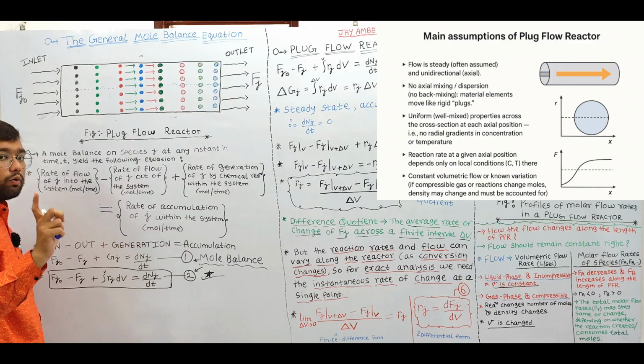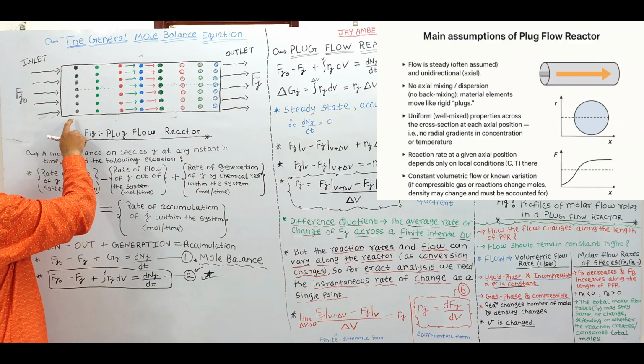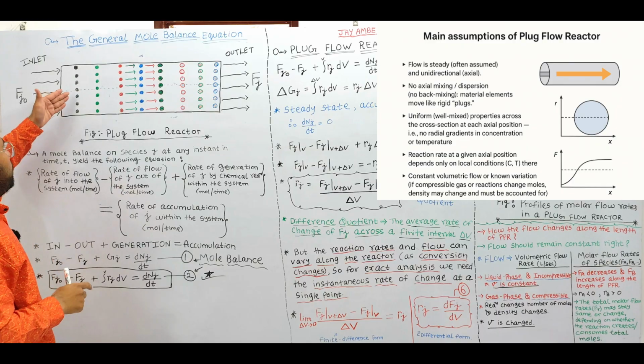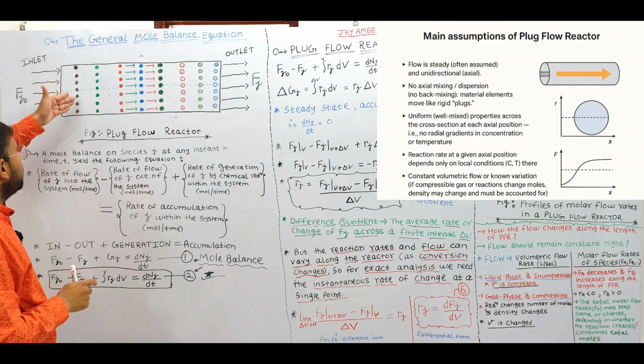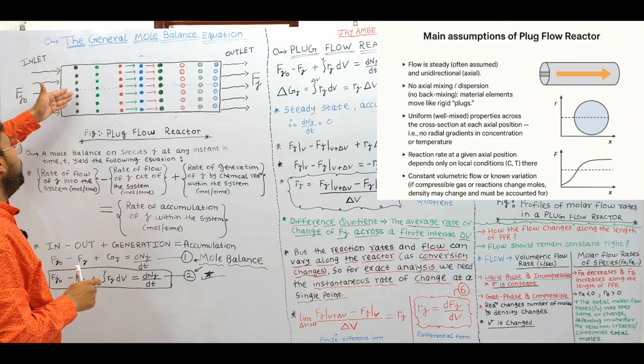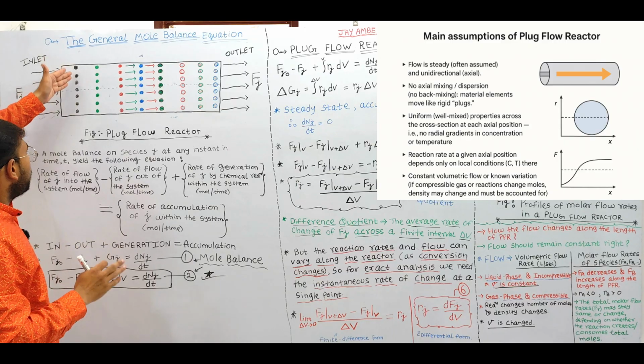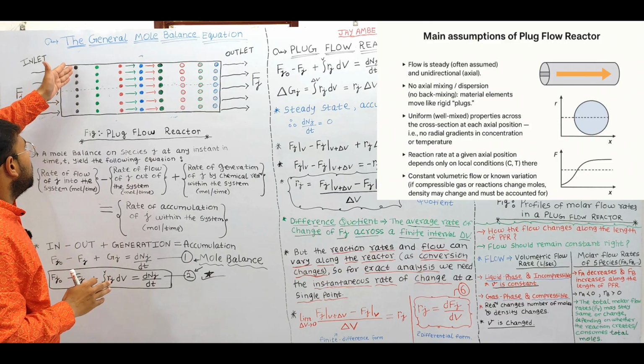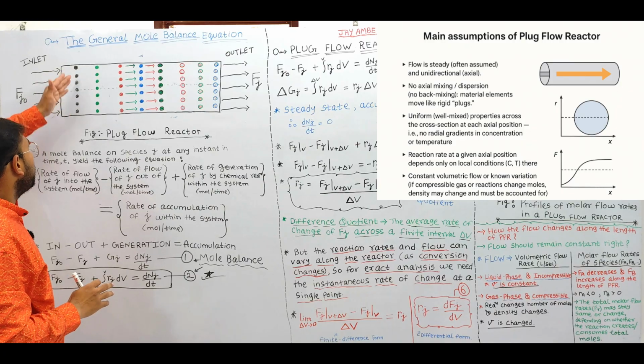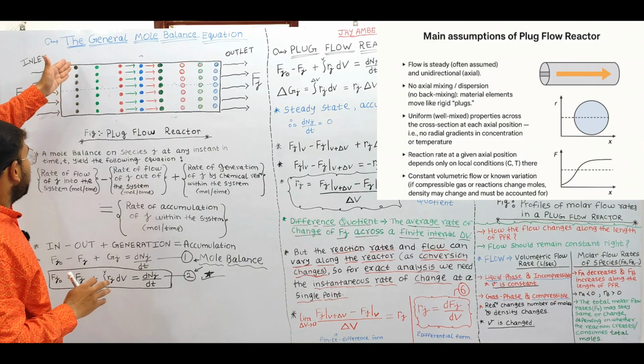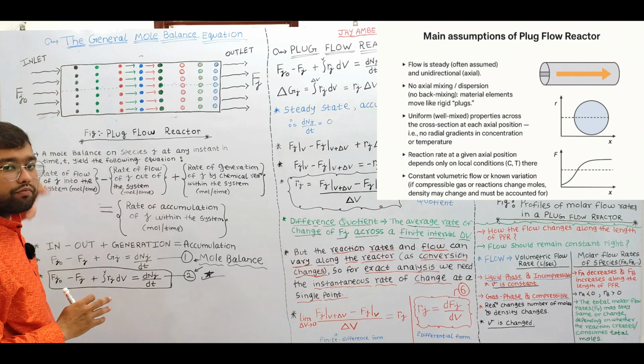Okay, I hope you have understood. Which means at this axial position we'll have uniform mixing. Due to uniform mixing, we have a constant rate of reaction, uniform concentration throughout the radial direction, and uniform temperature.